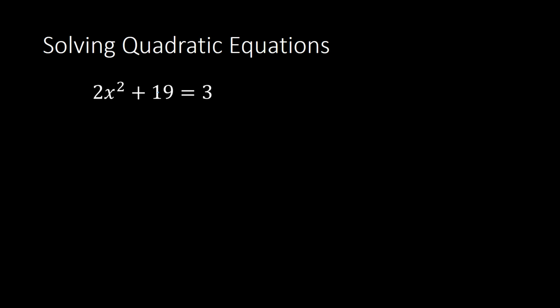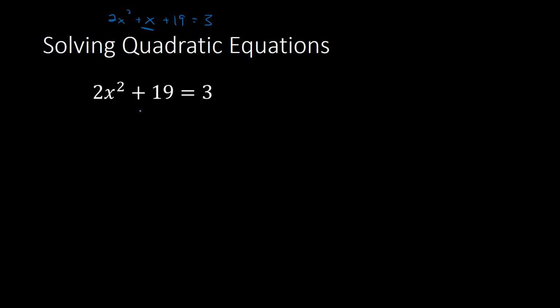And it works in this case because there is no x term, whereas before we've had situations where it was 2x squared and then maybe like 1x and then plus 19 equals 3. Where here, because you have the x term, you want to try to factor that. But here there is no x component. All I have is the x squared term.